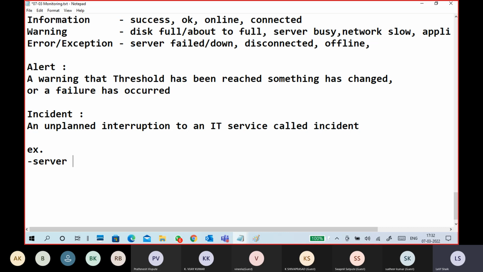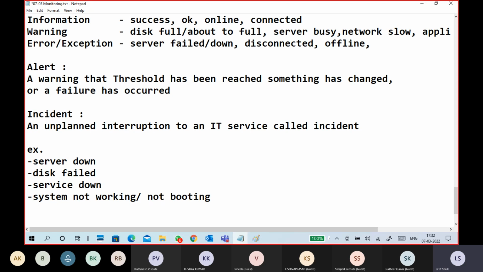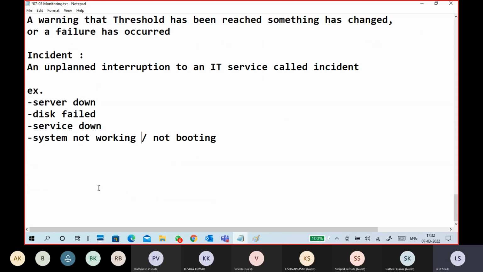Server down. Disk failed, server down. Internet is down. System not working, or not booting.